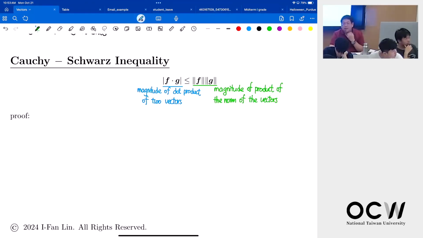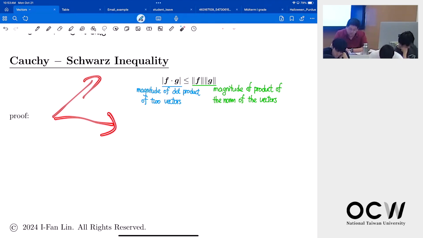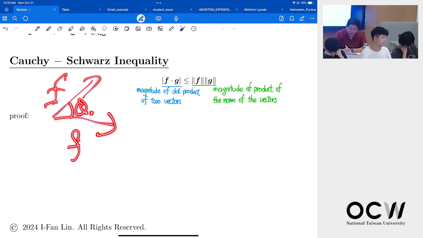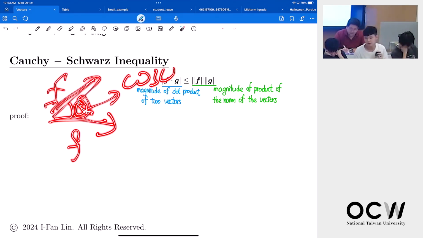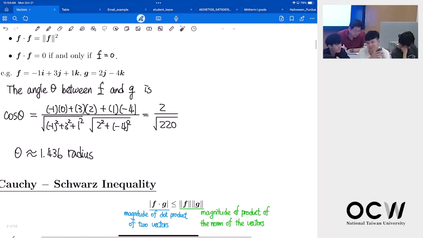So let's prove this. To prove that, because they use the dot product, remember that when you do the dot product, that means I have 2 vectors with the angle theta. And for this angle theta, we express that with cosine.